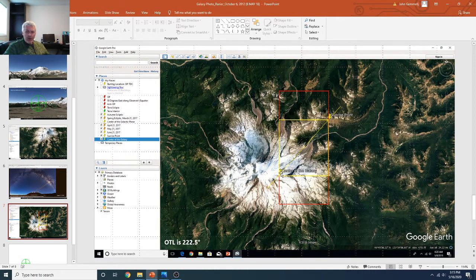So I'm calling that point the center of the galaxy. And then of course Sunrise Point is here, then I draw a straight line going through there, and Google Earth tells me what the direction I am facing is, which is observer target line 222.5 degrees.